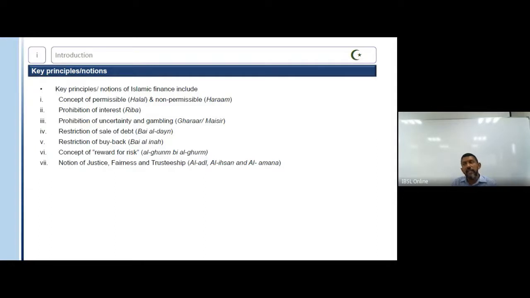Certain contracts in modern-day financing, such as derivative contracts, do not fulfill the Sharia principles related to sale, and as such fall into this prohibition of uncertainty. And gambling is where your payoff, your return, is based on some chance.